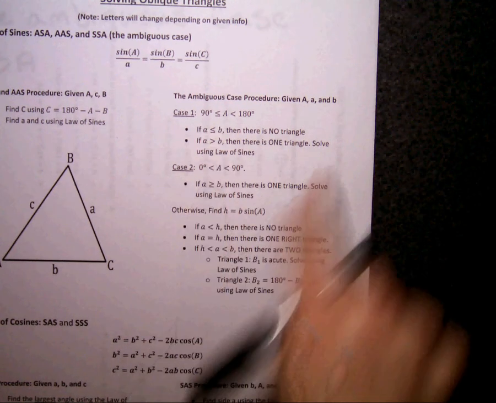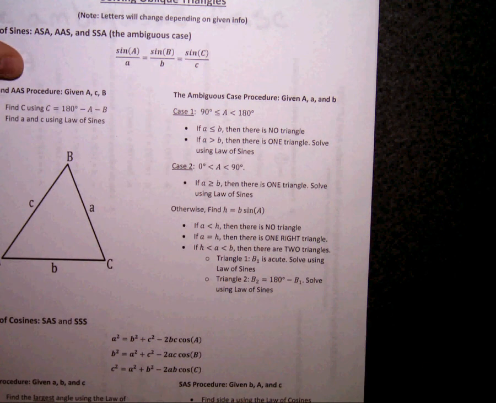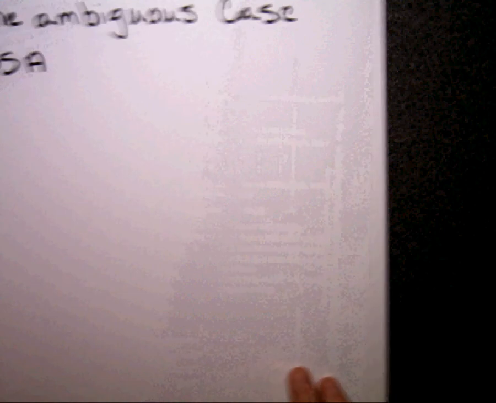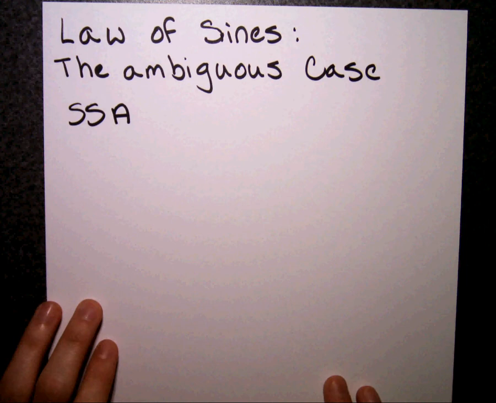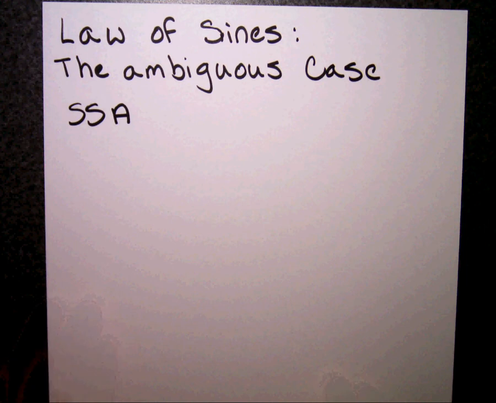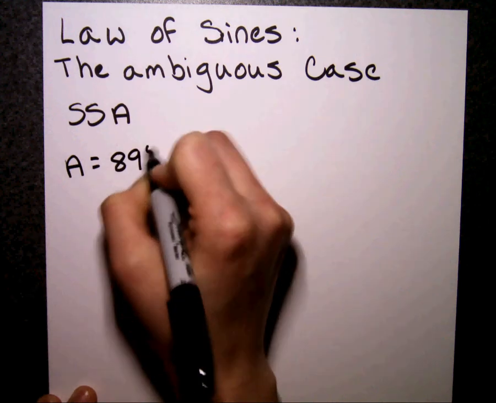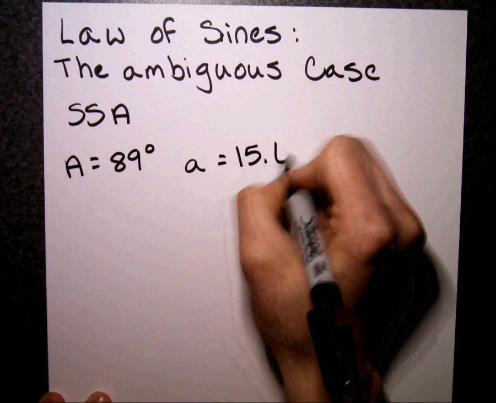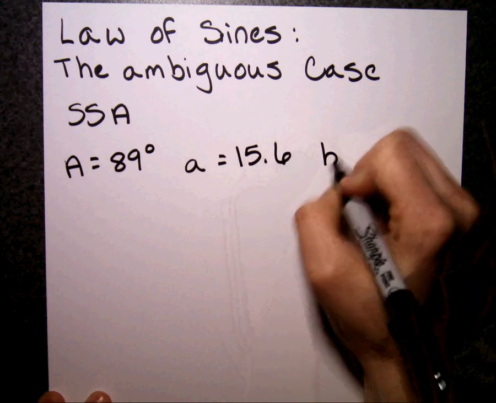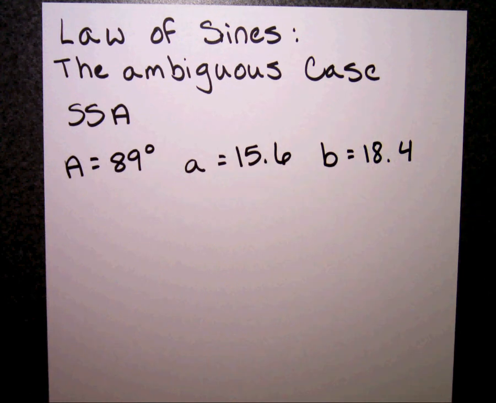So let's go ahead and do an example of the ambiguous case. Let's say that we are given angle A equal to 89 degrees, side A equal to 15.6, and side B equal to 18.4.